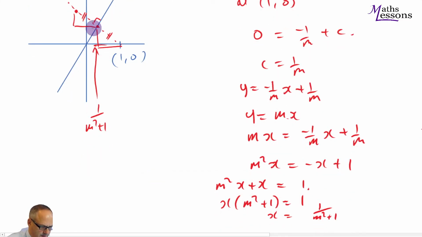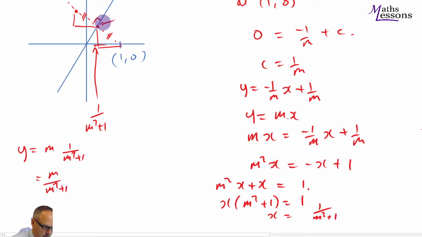Now, I want to find my y value. So I'm going to put that value into this equation, because that'll be the easiest one to find my y value. And I'll do it over here, so I'm trying to keep as much of it on the screen as possible. So my y value will equal m times 1 over m squared plus 1, because that was my x value. Put that in for x here, and I get m over m squared plus 1.